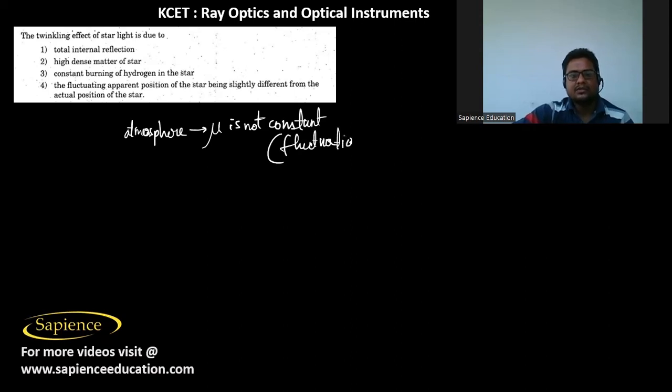Due to this fluctuating refractive index, the apparent position of the star will also change, and we observe it as a twinkling effect. So option 4 is the correct answer.